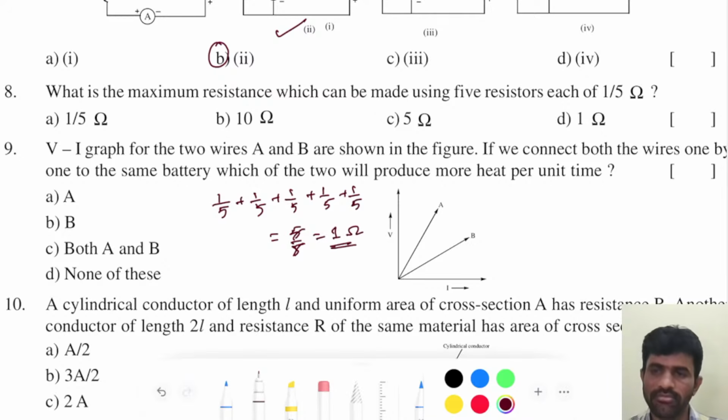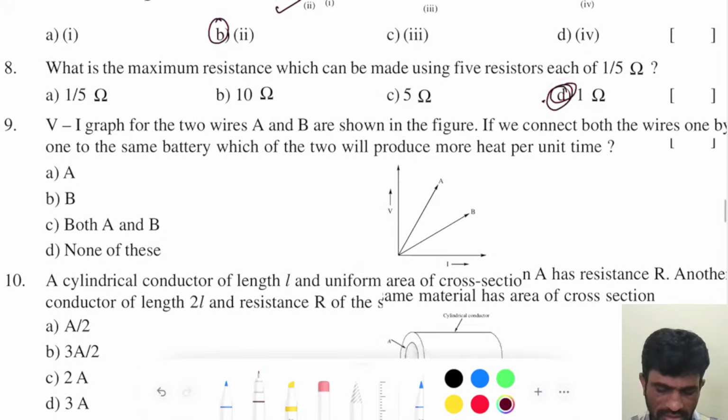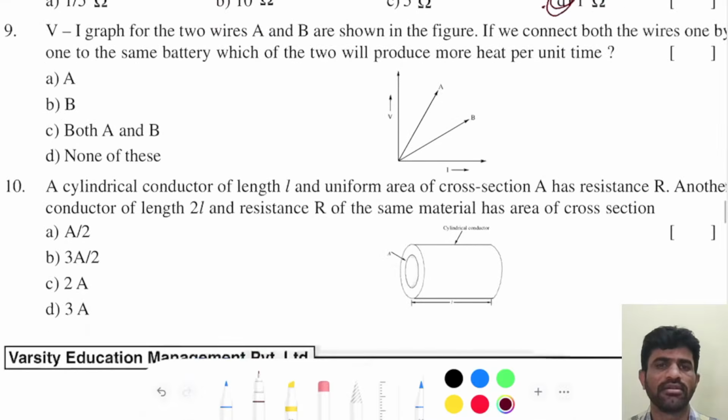So the maximum resistance when they are connected in series is only 1 ohm. So option D is correct. Now coming to question number 9. Try this question number 9.